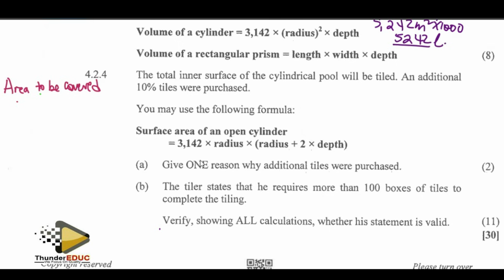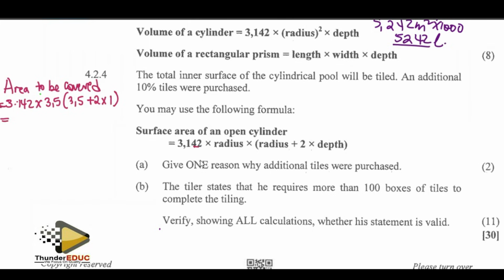So we shall start with this formula here, which will say 3,142 times. Remember the radius, we got it as 3,5, into brackets 3,5 plus 2 times depth, which is already as 1.